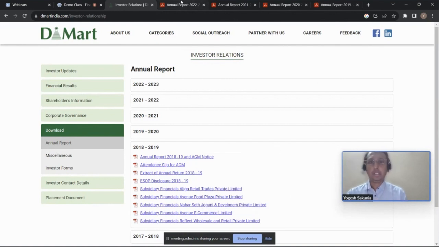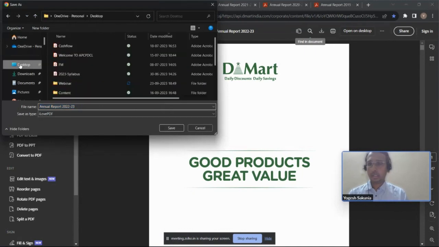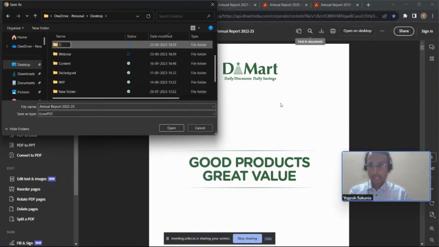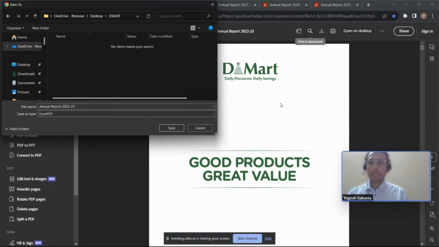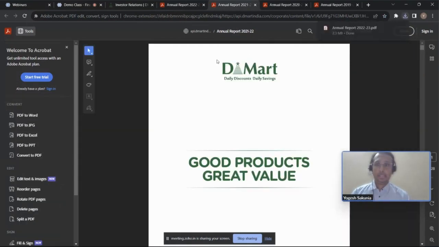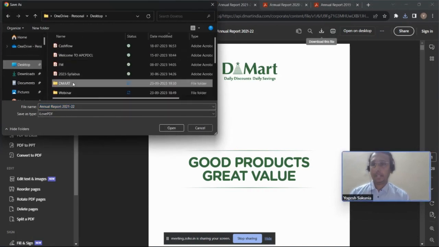Okay. So I will go ahead and save that somewhere. Let me just create a folder here and call it DMart. Now I would want you to also do it parallelly with me. Otherwise, if you just look at it, there's not much of a use here. Okay. So save this. Similarly, again, desktop, DMart, save.